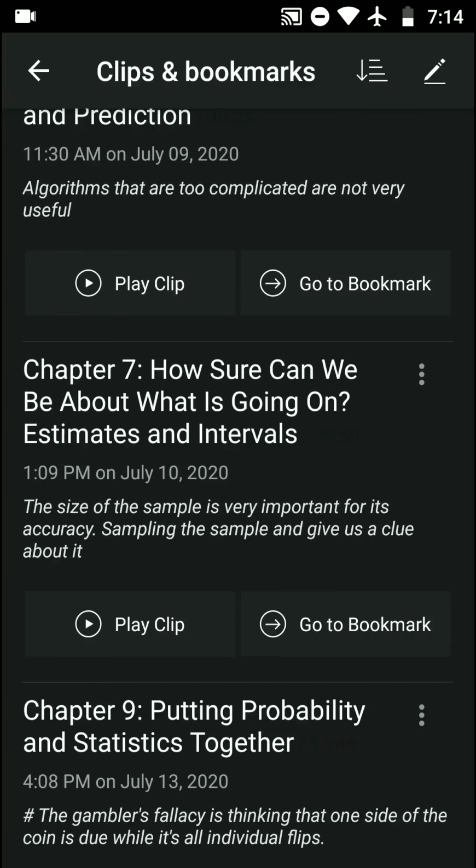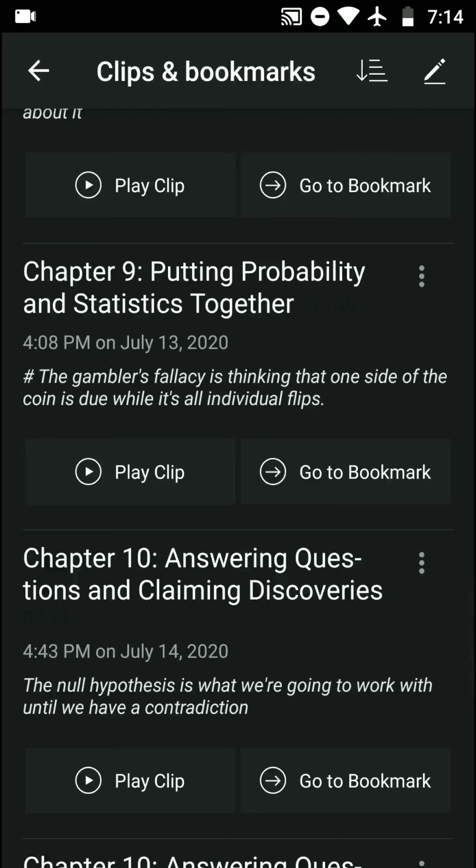Therefore, there is this idea of sampling the sample, and that's when you know better what's going on. The gambler's fallacy is thinking that one side of the coin is due, while it's all individual flips.